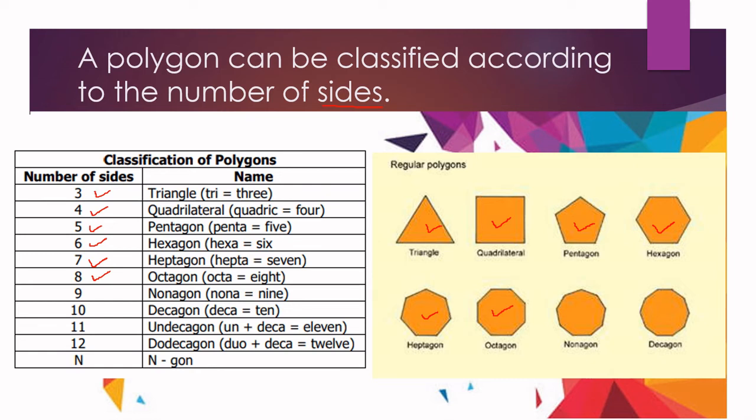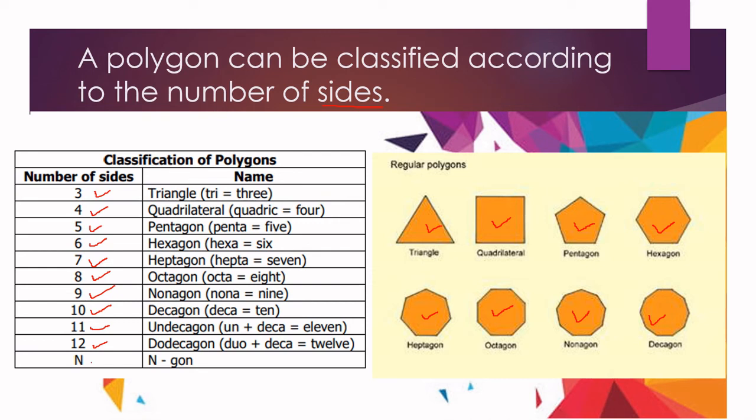Octa means 8. If we have 9 sides, we call it nonagon. Nona means 9. If we have 10 sides, we call it decagon. Deca means 10. And if we have 11 sides, we call it undecagon. Un plus deca equals 11. If we have 12 sides, we call it dodecagon. Do plus deca equals 12.